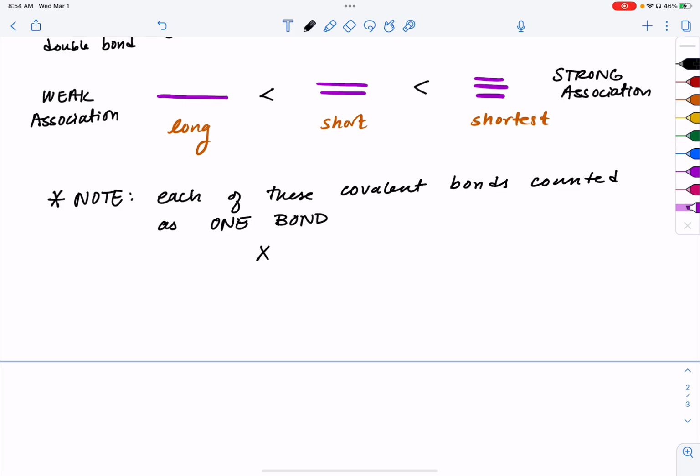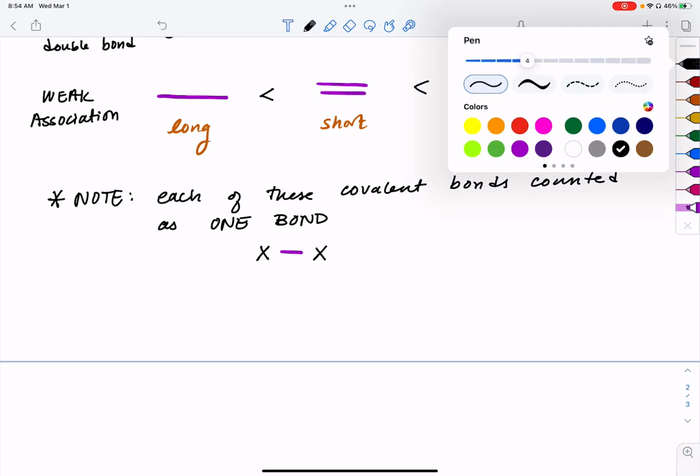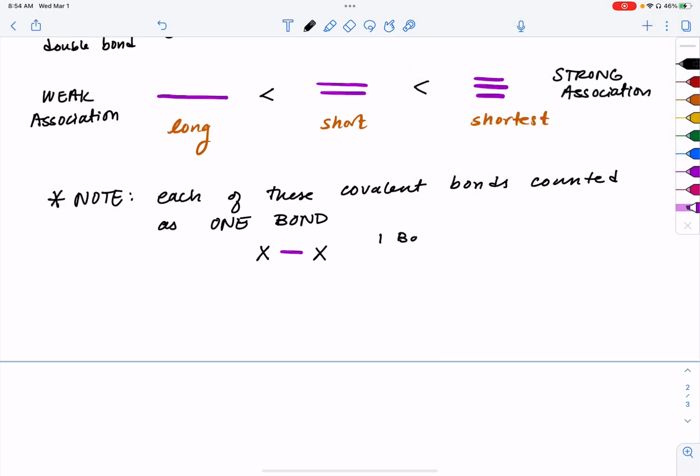So like if I had an element X bonded to element X via a single bond, this would be one bond made up of 2 shared electrons, bonding electrons, etc. We could also think of this as one bonding pair.